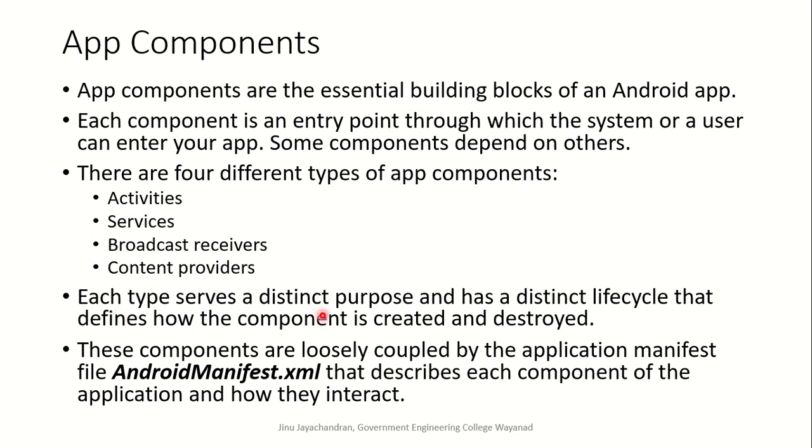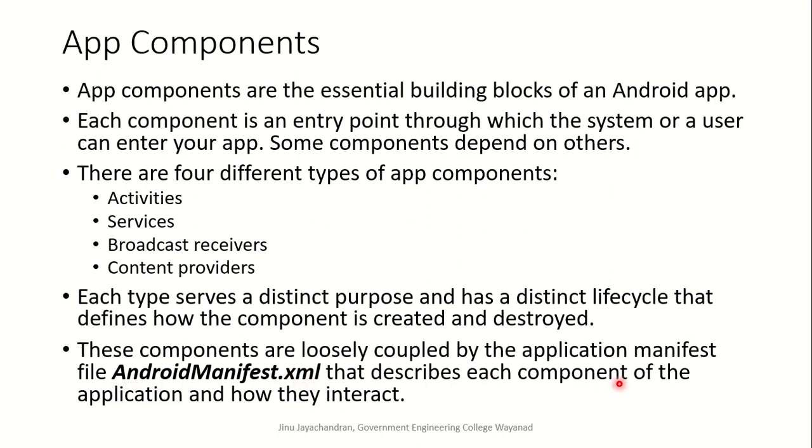Each type serves a distinct purpose and has a distinct life cycle that defines how the component is created and destroyed. Life cycle means the component will pass through different states like running, pause, stop, and then it gets destroyed. All these components are loosely coupled by the application manifest file, which is AndroidManifest.xml.